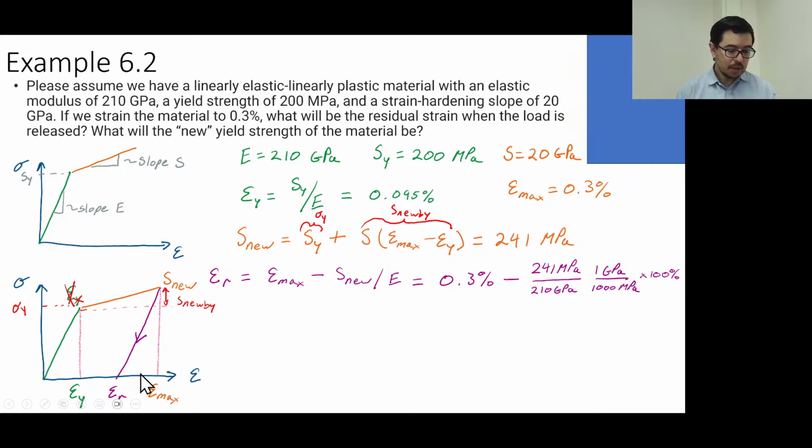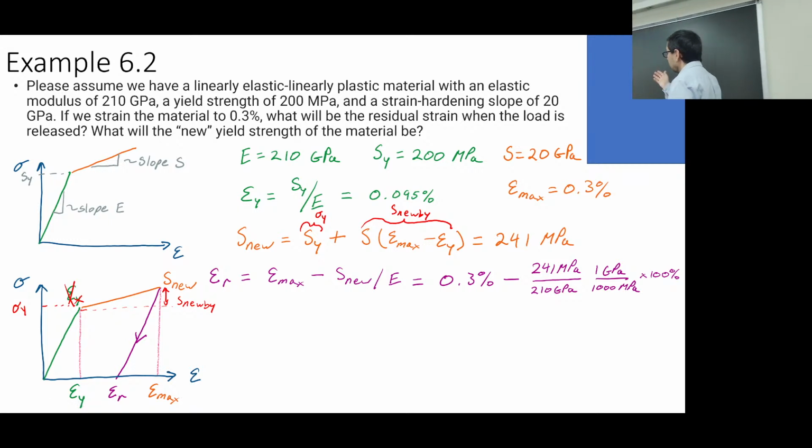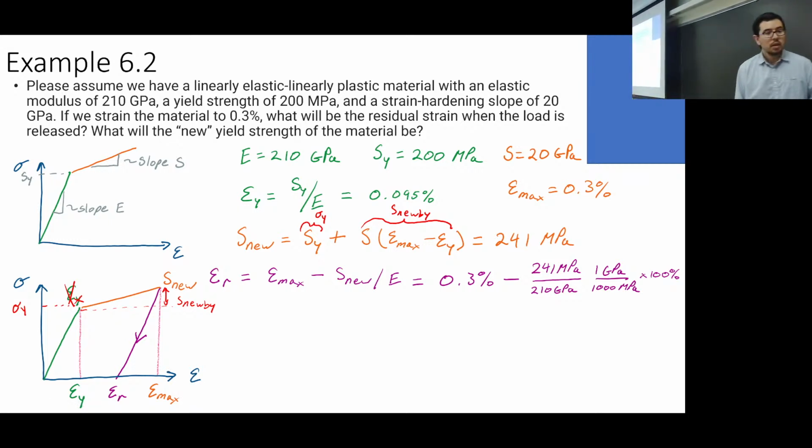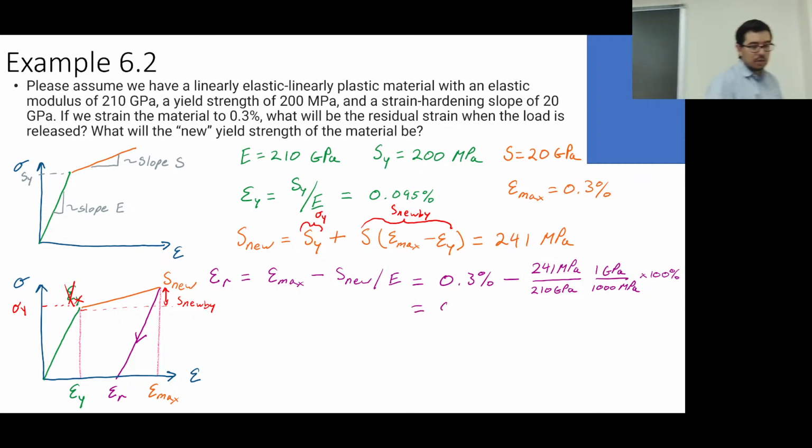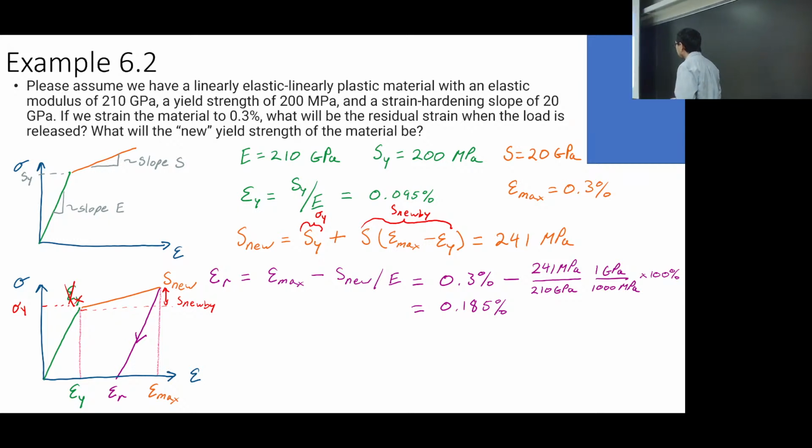So this distance between this purple intersection and this pink intersection of the axis is larger than this green to pink over here, because we went up higher. We had to go up higher, and so we had to go down. So in this case, the residual stress is a little bit different than what we calculated before.